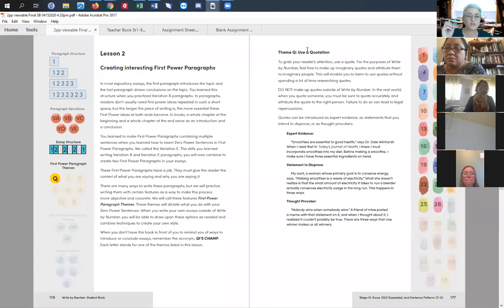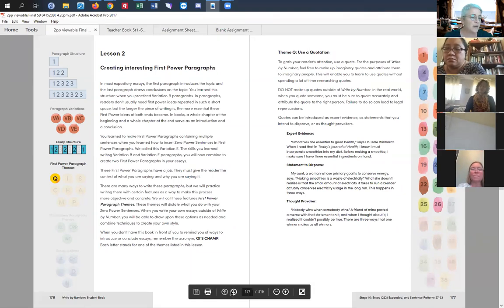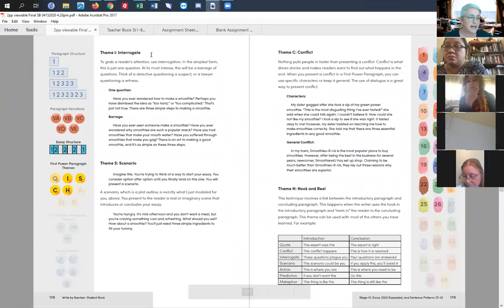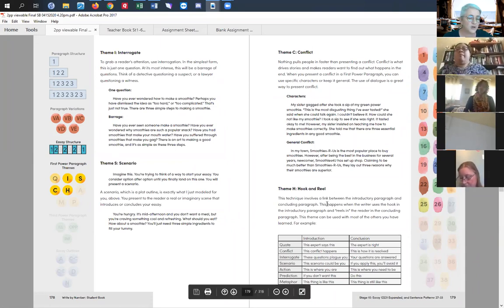You open with a quotation, you close with a quotation. These are your attention grabbers or your attention enders, so to speak. You wrap it up. And you can see all the letters here on the left-hand side. Interrogate is asking a question or a series of questions, presenting a scenario, giving a conflict, using hook and reel, which is very, very popular right now.